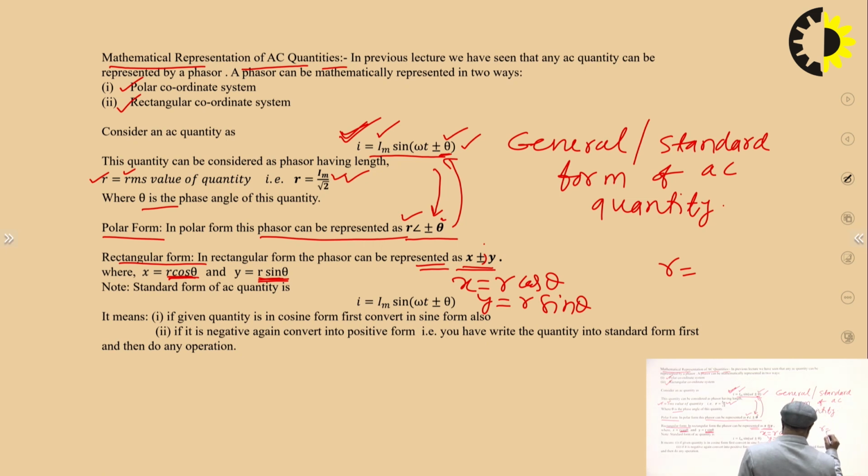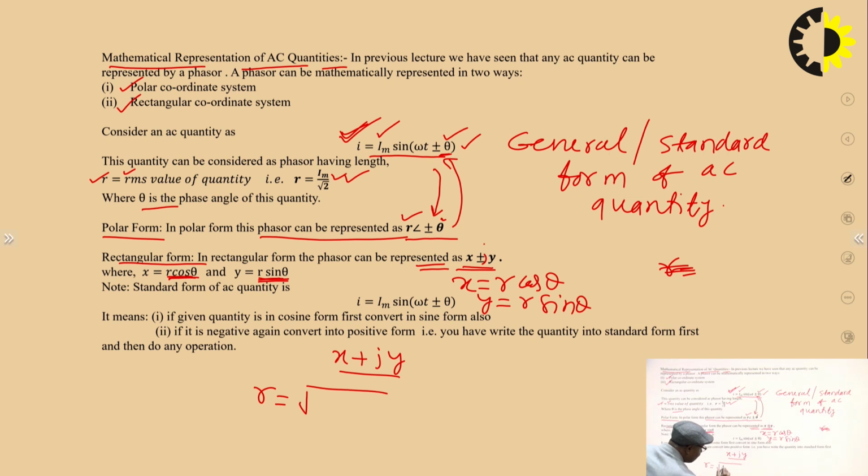If x and y are known, meaning the quantity is given in rectangular form, then to convert into polar form, r will be the square root of x square plus y square, and theta will be tan inverse y by x. So this will be the value of theta.